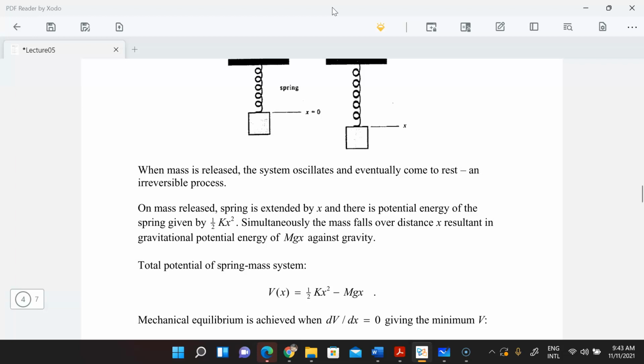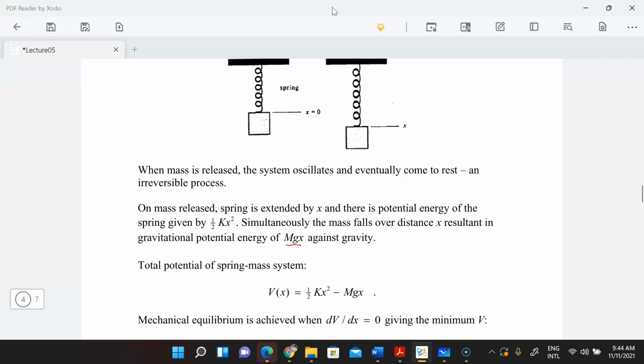From normal classical mechanics, you know that the potential energy of the spring is given by half kx squared. K is your spring constant. Simultaneously, besides the spring, you also have the mass lowering in height, so it has a different gravitational potential energy due to this extension.